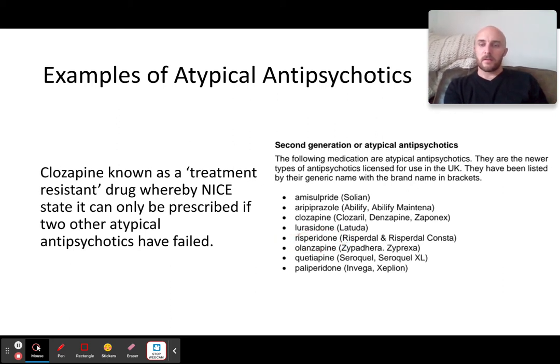It's like if you have depression, you get given sertraline or fluoxetine, that first defense against it. Risperidone is probably the first defense against it. Now, if risperidone fails and olanzapine fails, then you'll be given clozapine.